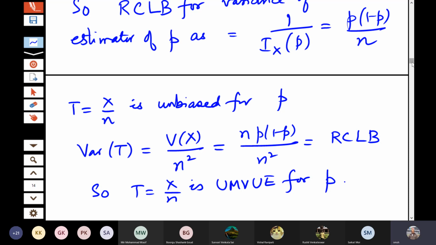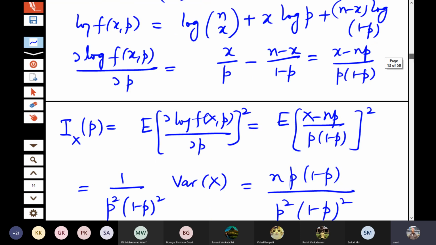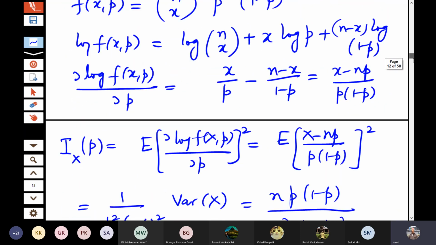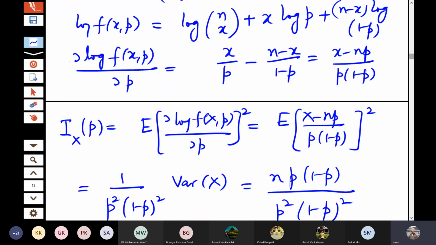You can actually guess it here. See, we have obtained this S_X(p) here. This is actually S_X(p) because only one observation is there. So S_X(p), if you see, is a linear function of x.